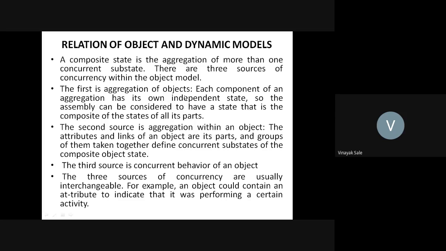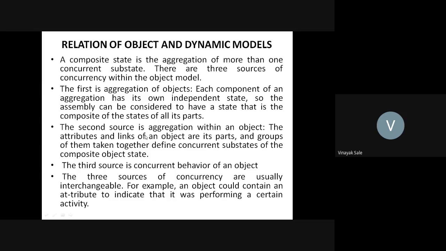Each component of an aggregation has its own independent state. So the assembly can be considered to have a state that is the composite of the states of all its parts.